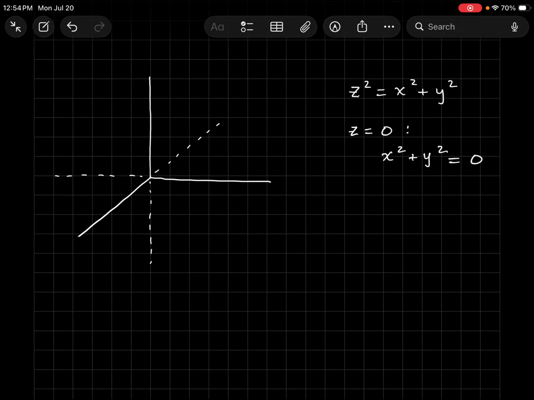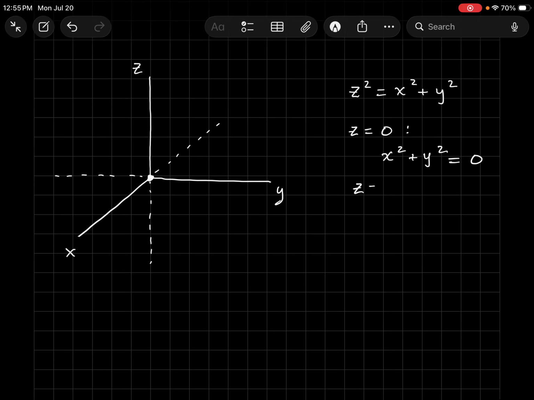These also could be called level curves. We'll use that term later on. But when z equals 0 in the xy plane, we basically have a circle whose radius is 0. That is, we just have the point 0, 0, 0.